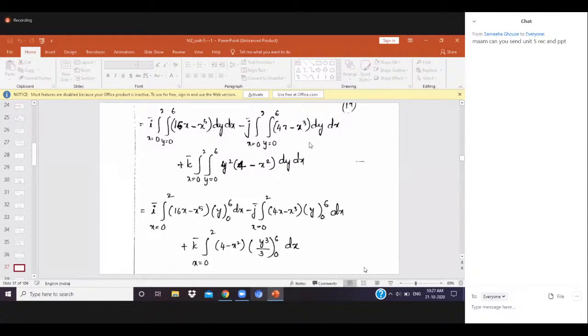Then we need to evaluate with respect to y. Either x or y is no problem, because the x and y limits are constant. But in this problem I did it with respect to y, so that the equation becomes like this.